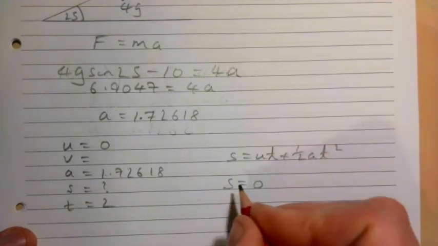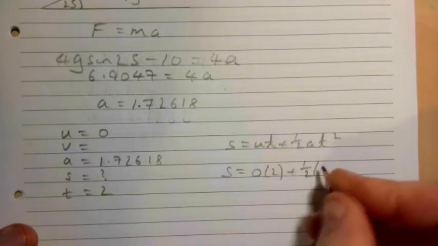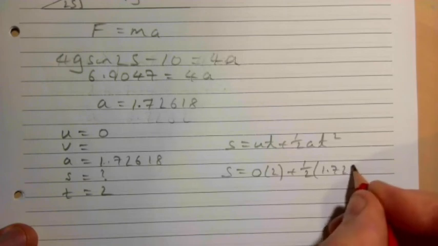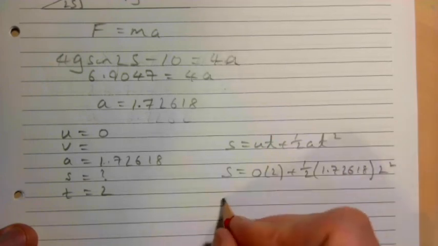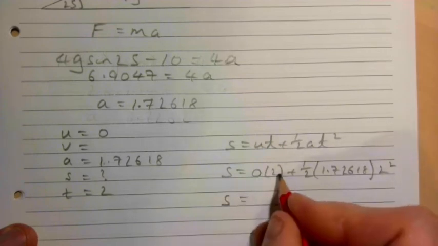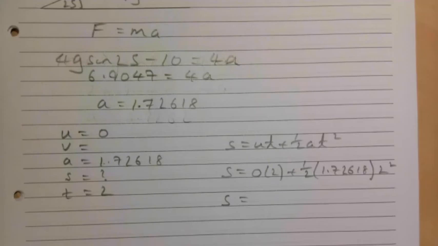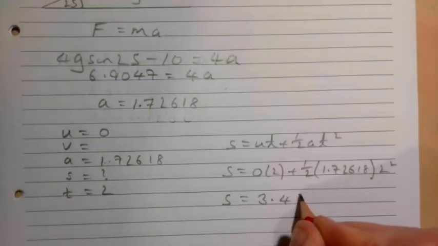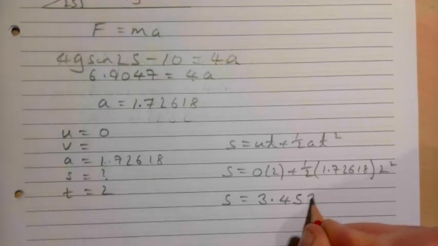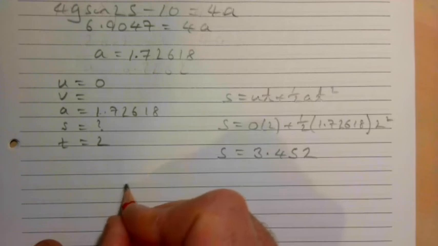S equals 0 times 2 plus a half times 1.72618 times 2 squared. That gives us half times 4 is 2, times 1.72618, so S is 3.452.